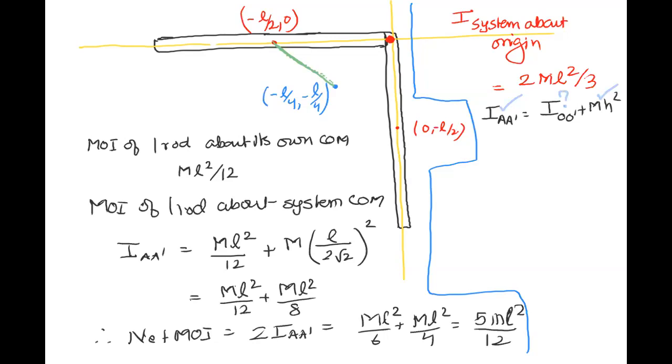So let me write this down. So this guy will be equal to 2ml square by 3, which is equal to I_O dash plus 2m.